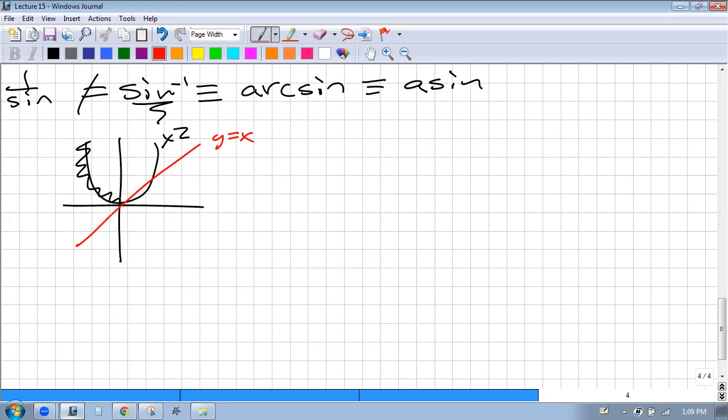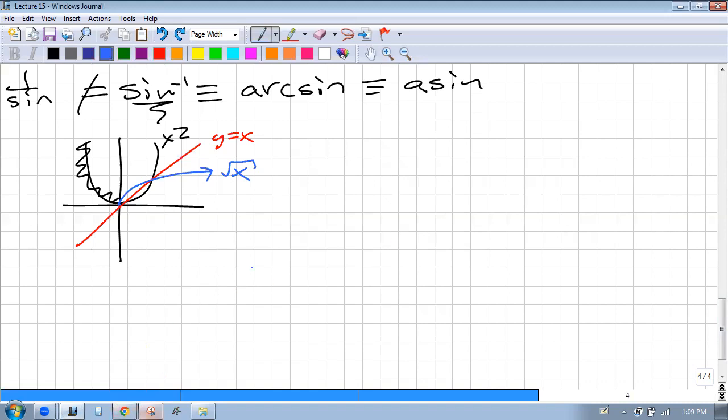That switches your domain and your range, and you would get square root of x. So x squared is invertible if you restrict yourself to just the right half of the graph, right? If you don't do that, if you have any of this, then this goes down here, and that's not a function, right? A function, one number in, one number comes out. So sine, cosine, and tangent, we have to restrict our domains to define the inverse here.